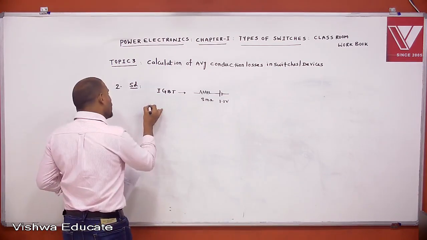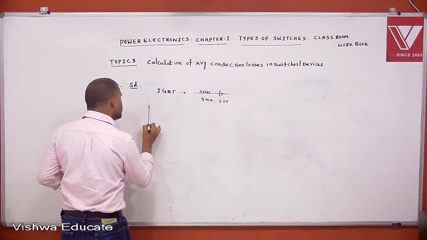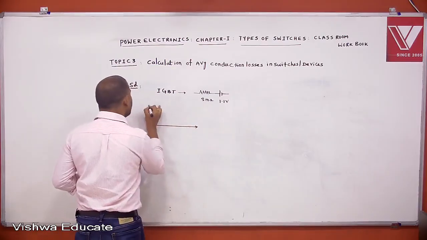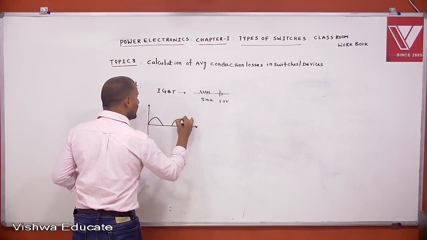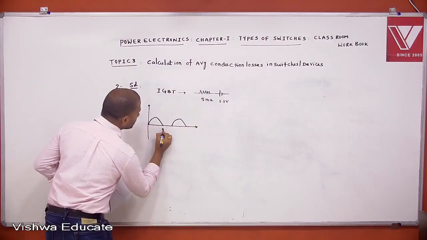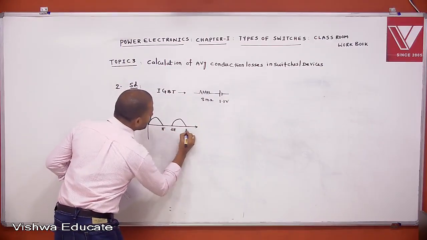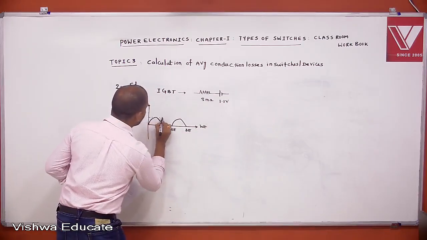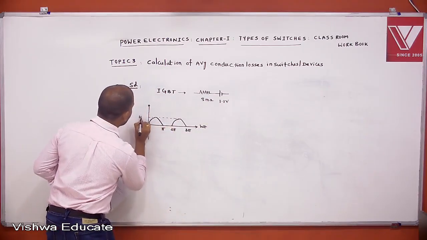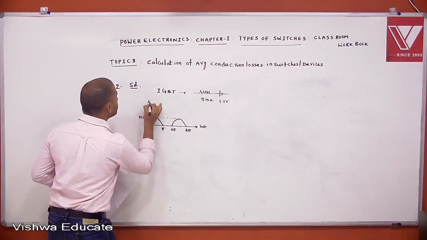This current waveform is applied to the IGBT. Then the average power loss equals dash. This is pi, 2 pi, 3 pi, omega t. This is given how much? 100 amperes.